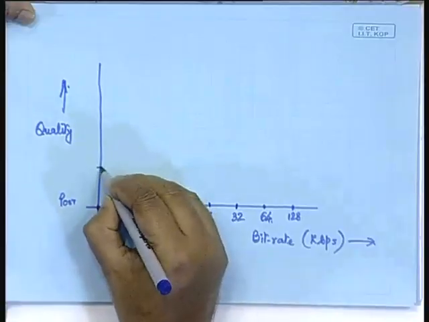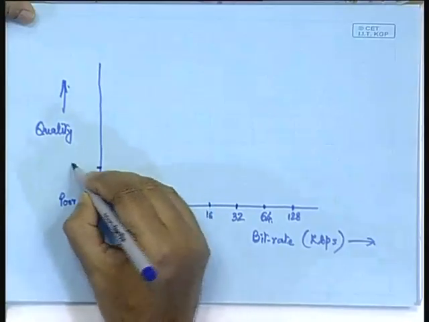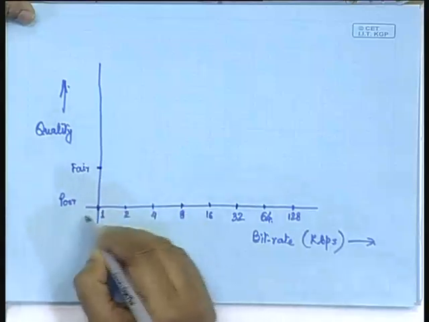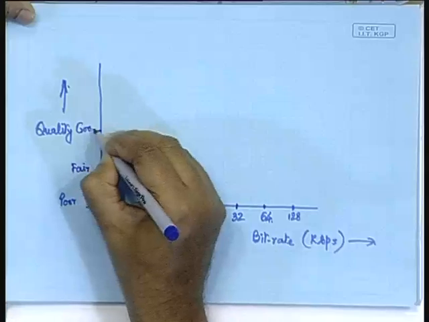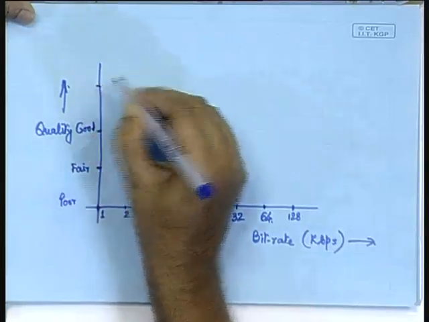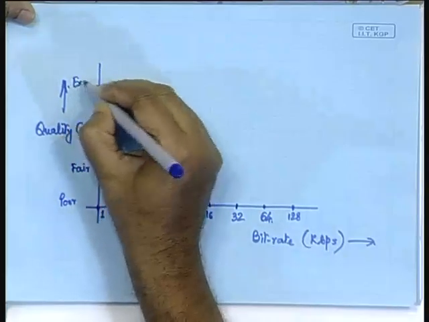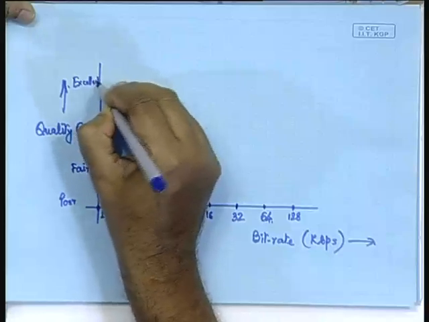So you have some kind of subjective assessment, on a scale of poor, poor being the lowest, fair, then good, and at the highest level excellent.